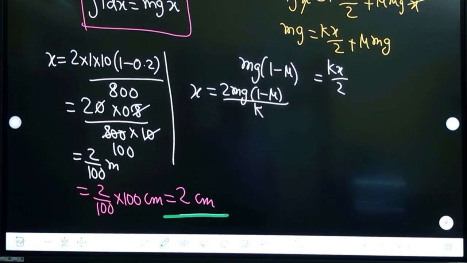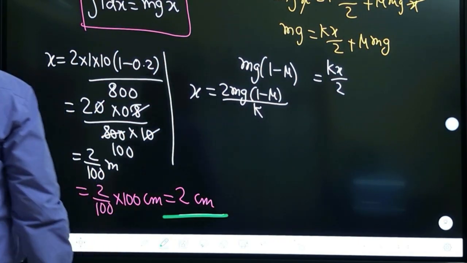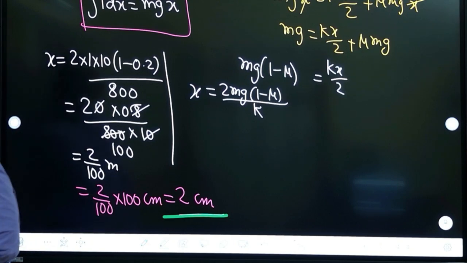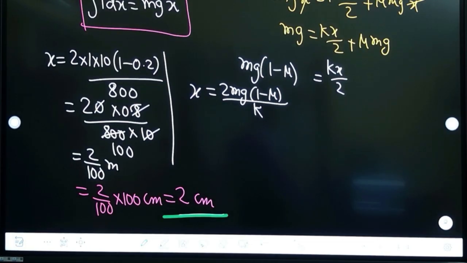JEE Advanced type. A total of 17 or 18 questions are there in JEE Advanced, and you have sufficient time. All three subjects you will have. There are two papers, first paper and second paper.